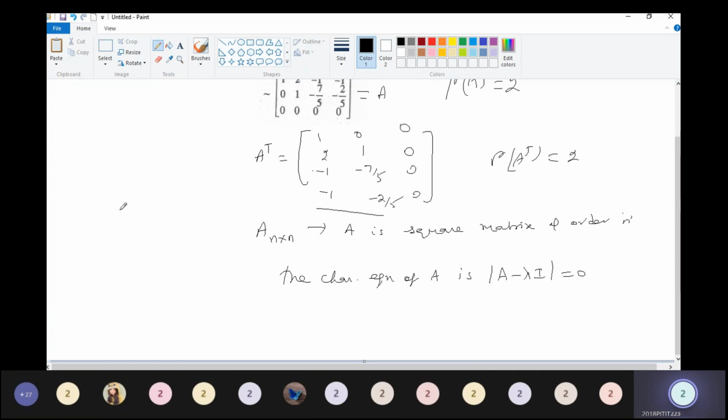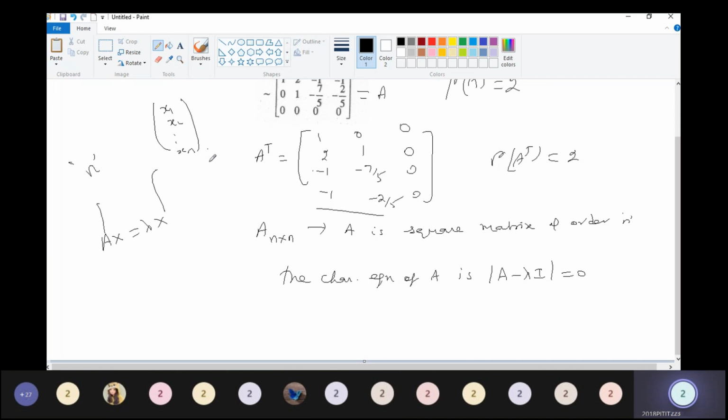Okay. Eigenvalues are defined as Ax equal to lambda x, where x is the non-zero eigenvector for order n. If a matrix has only one column, we call it a column matrix or column vector.